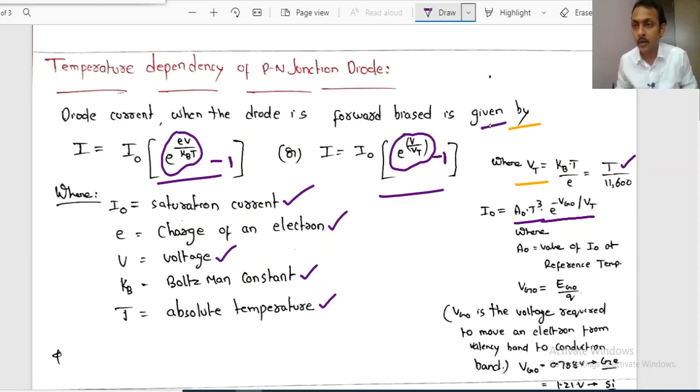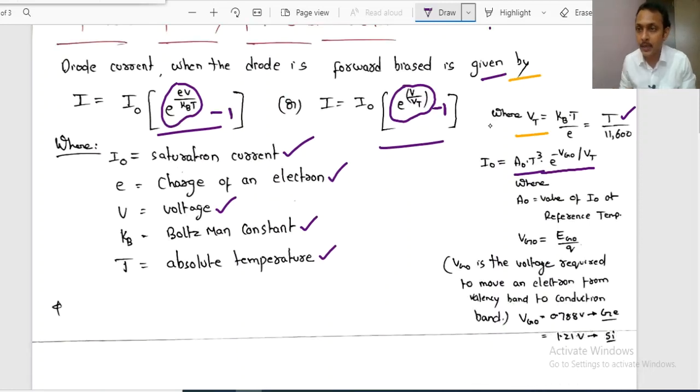Most of the time that reference temperature will be 25 degrees centigrade. Now Vg naught is the voltage required to move an electron from the valence band to the conduction band. Depending upon the type of semiconducting material used, this Vg naught will be equal to 0.708 volts for germanium, 1.21 volts for silicon.